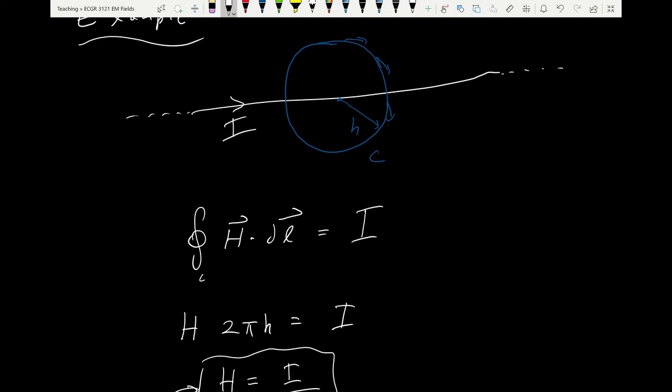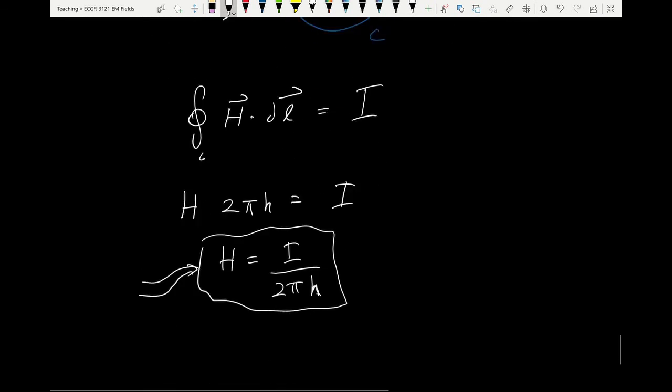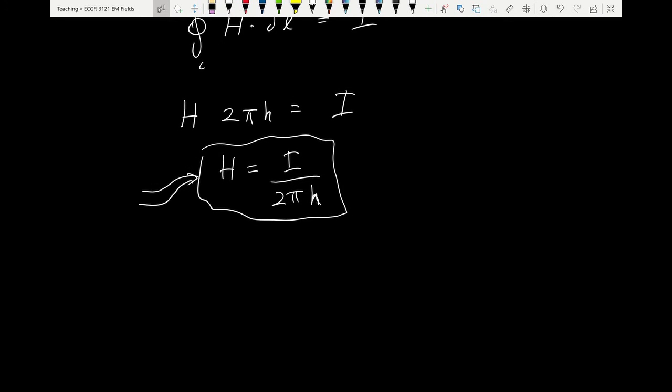So if I bring in some cylindrical coordinates where this is the z-axis, and h is in the direction of r, then that tells me that the field is always going to be in the direction of phi, so that's what the angle is.